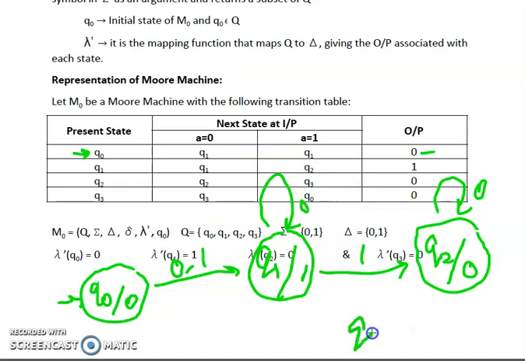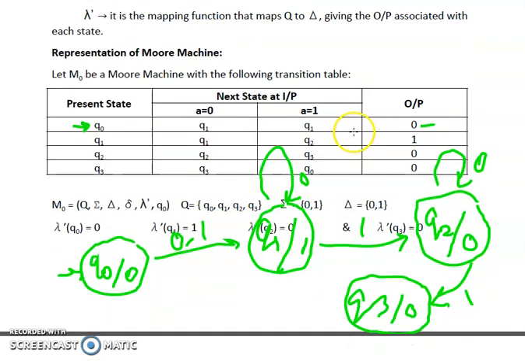Let's say there is a state Q3, and let's check the output associated with state Q3. The output is 0, so we will write a 0 over here. So reading an input symbol 1, we are moving to state Q3. Now while we are on state Q3 and reading an input 0, we will remain on the same state Q3.